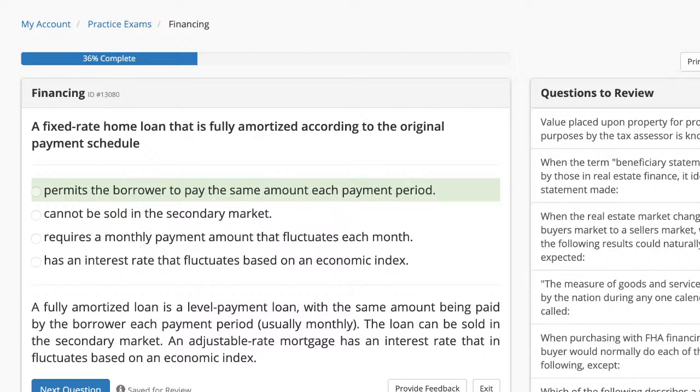What is negative amortization? Negative amortization is when you make payments every month, but your debt goes up.